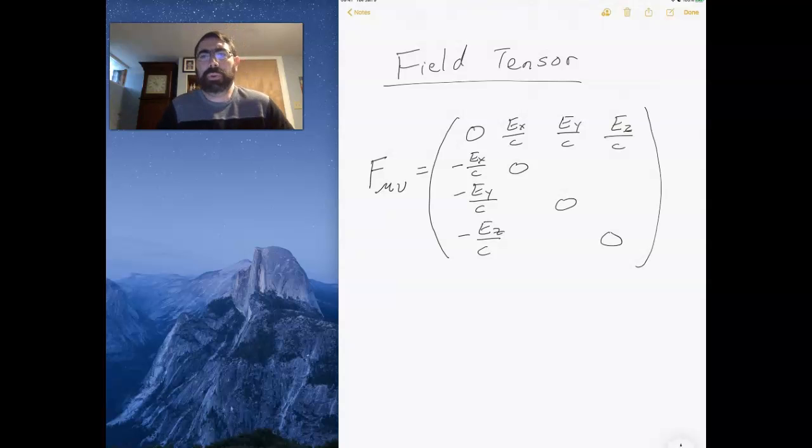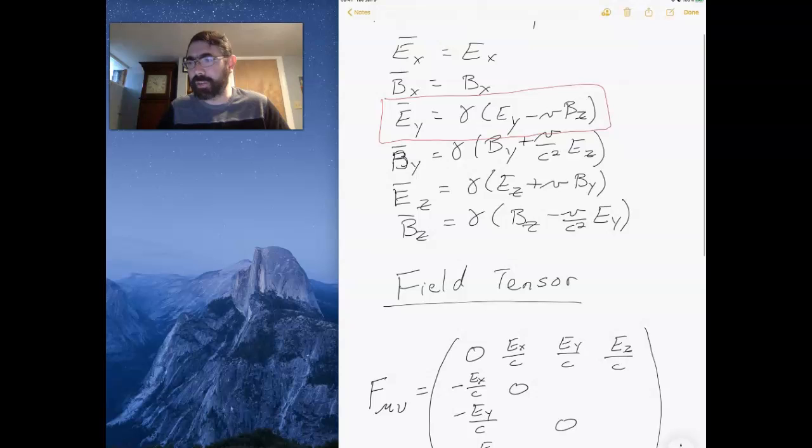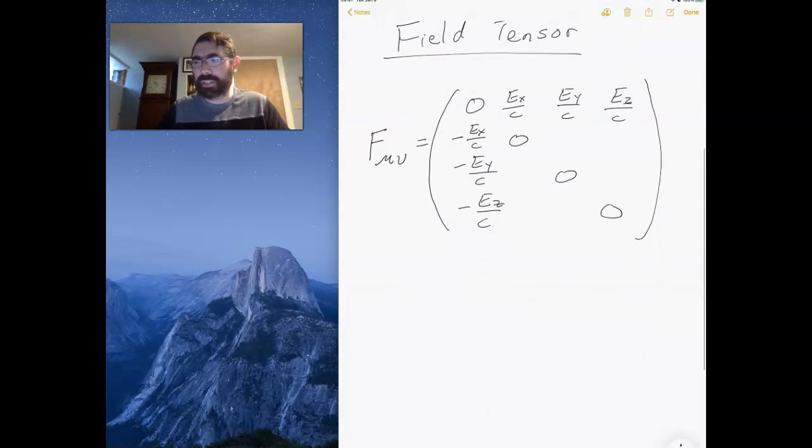So it makes sense to put the electric fields on the, say, the 0th row and the 0th column, because in our equations, there's a one-to-one correspondence between the electric field in E bar and E. Now, with the magnetic field, if we go back out, we notice that there is this kind of cross product where the y component of the electric field matches with the z component of the magnetic field. So therefore, they're going to be on off-diagonal elements.